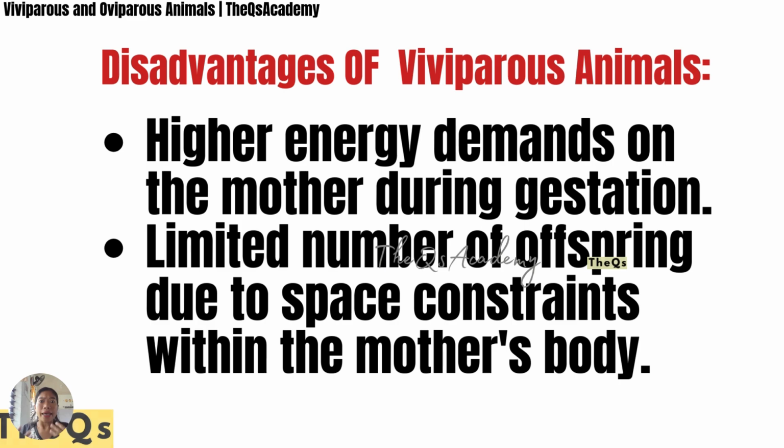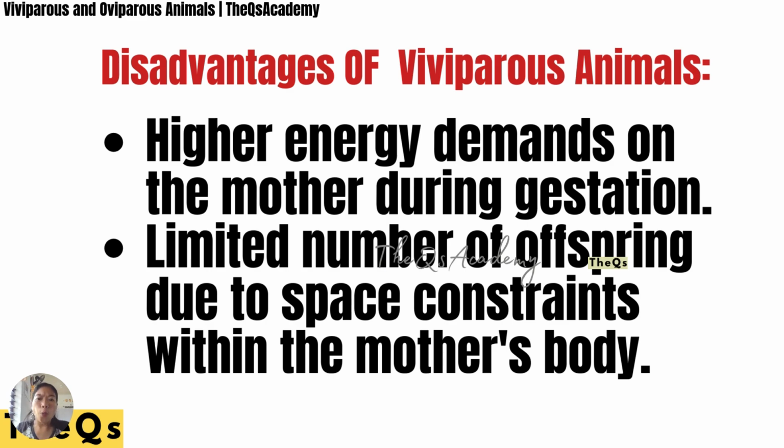Of course, because it is produced inside the mother's body. So we also have disadvantages. There are higher energy demands on the mother during gestation. Of course, you need to be healthy, right? And there is a limited number of offspring due to space constraints within the mother's body.